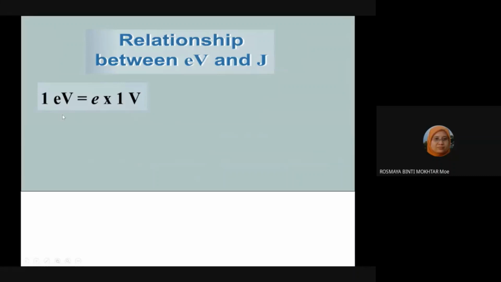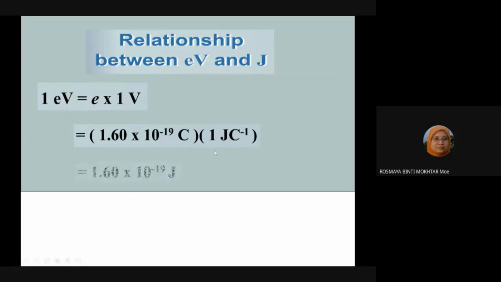If we convert to joule, we substitute the electron charge 1.60 times 10 to the power of negative 19 coulomb, and the potential difference, where volt is 1 joule per coulomb. So we can cancel the C here, and we get the electron-volt in terms of joule, which is 1.6 times 10 to the power of negative 19 joule.